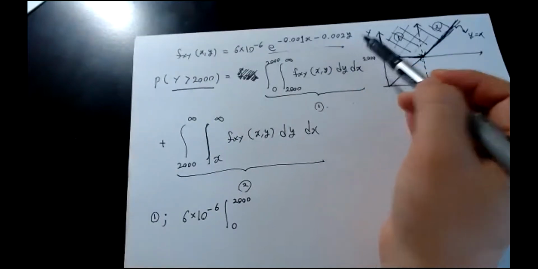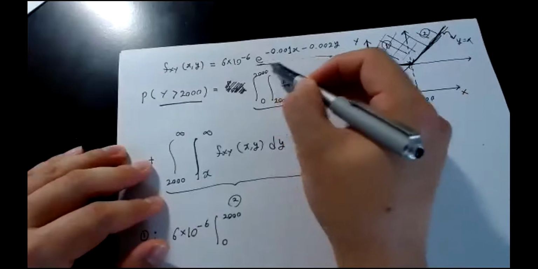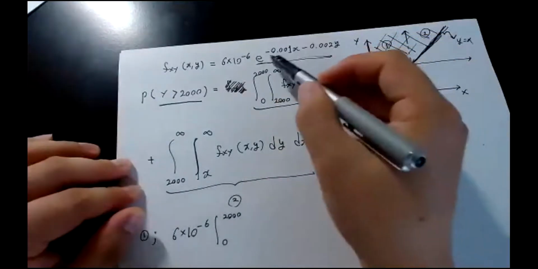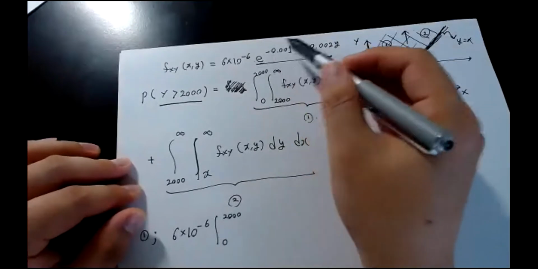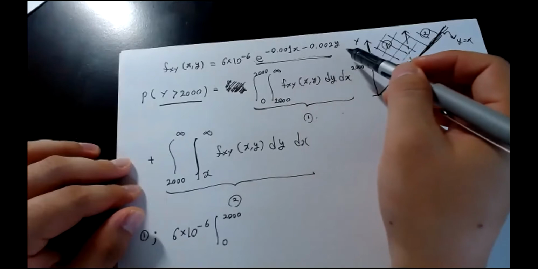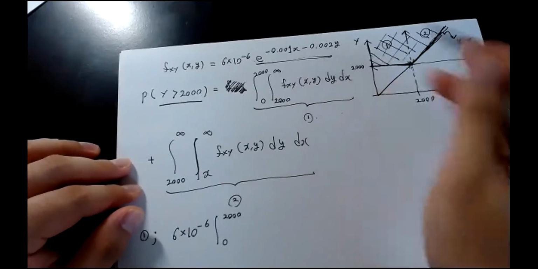With respect to y, we're going to break this up as e to the negative 0.001x times e to the negative 0.002y.